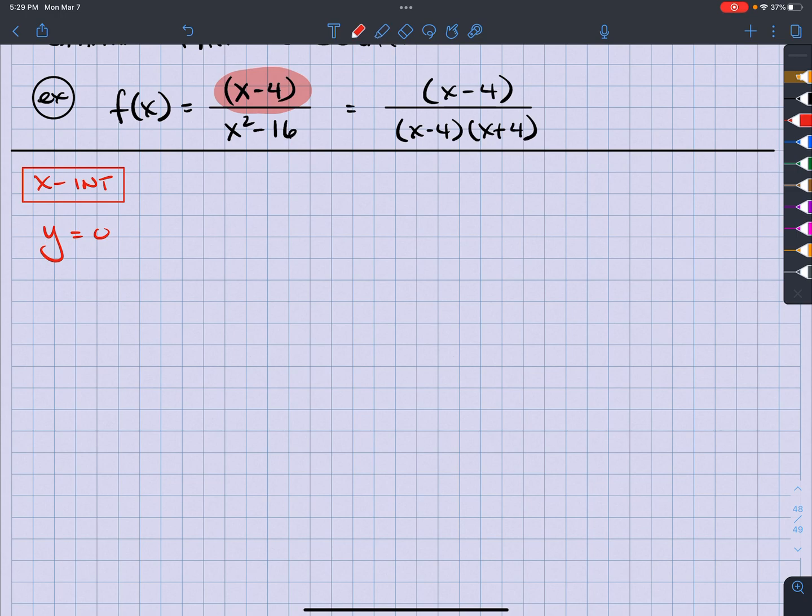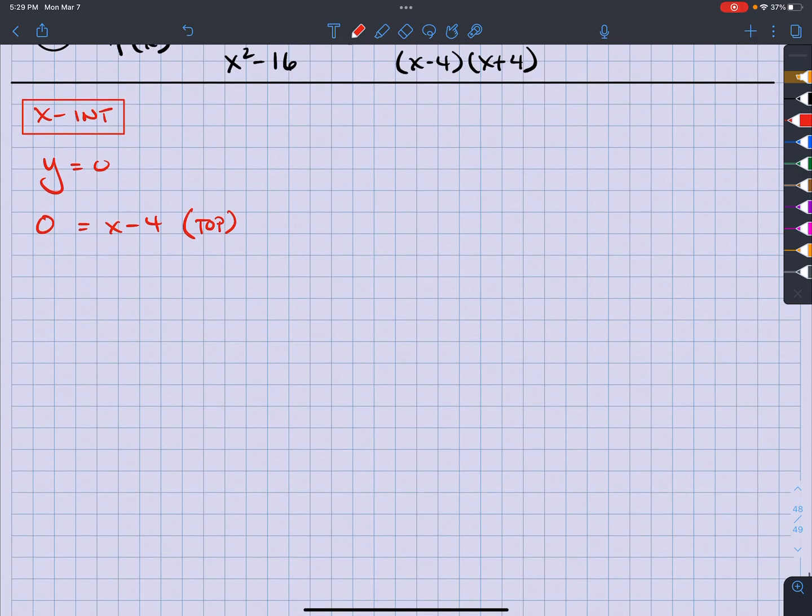So 0 divided by x squared minus 16 is going to give me 0. So only the numerator matters. So I'm going to set 0 equal to the x minus 4, which is the numerator or the top, right? So what I have here is that x is equal to 4.